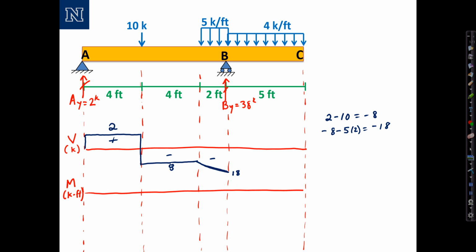Then I have the reaction force, 38 kips, which will cause the shear force diagram to jump up by 38. So we have -18 plus 38 is equal to 20.